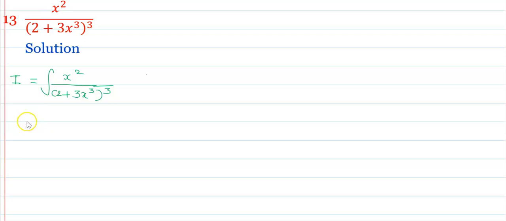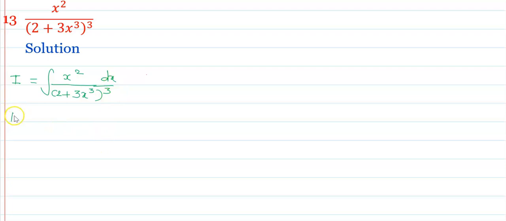Now again here the substitution. Function is present and its derivative is also present. It means that the derivative of x cube is 3x square. Means what? We have here the square term and into dx.